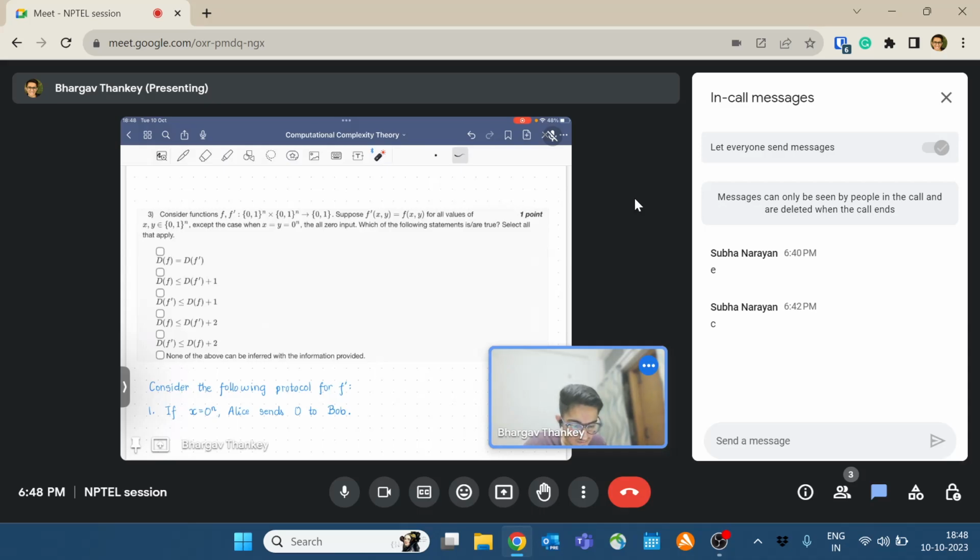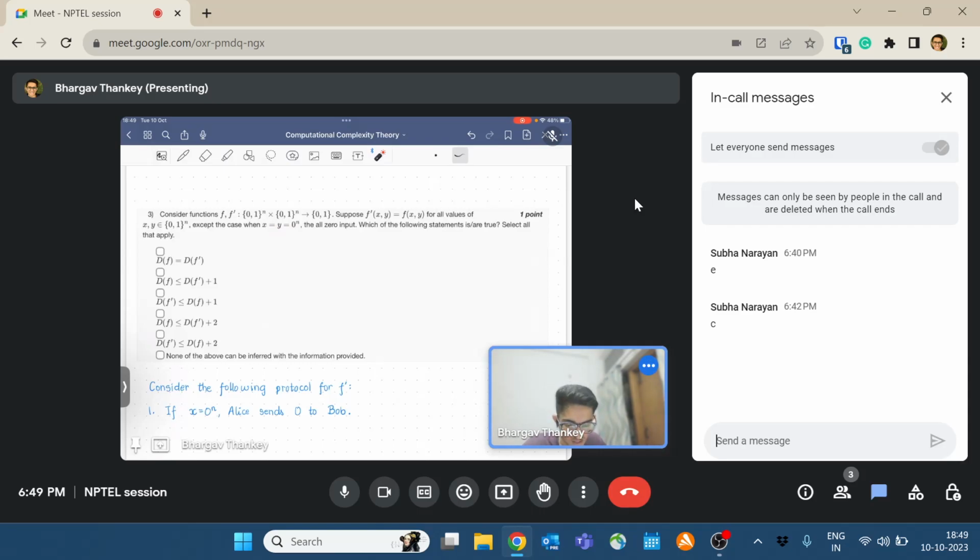Now, in the previous case, we tried to just get away with having Alice send something to Bob, but Bob not send something to Alice, because we wanted to minimize the number of bits communicated. But over here, at the very beginning of the protocol, Alice and Bob must tell each other if their input is 0^n or not, because if both the inputs are 0^n, then they have to stop at that very point.